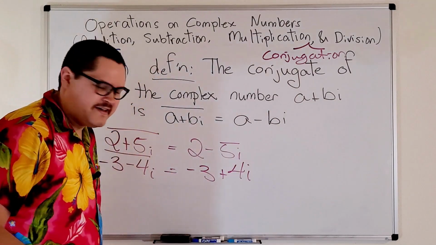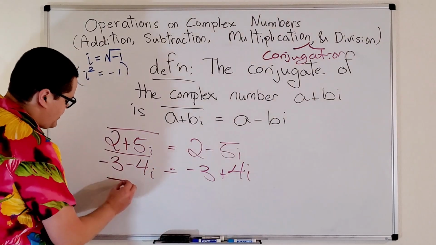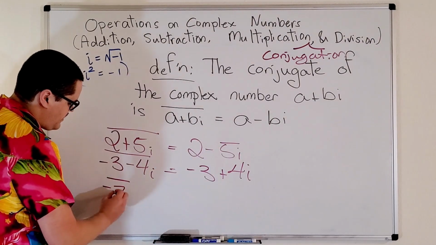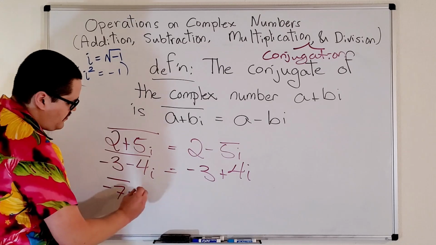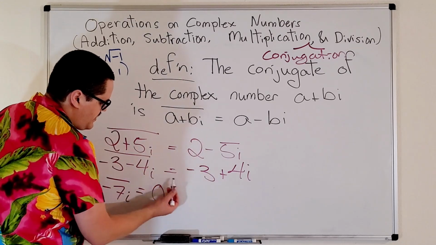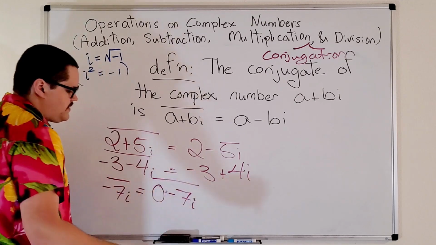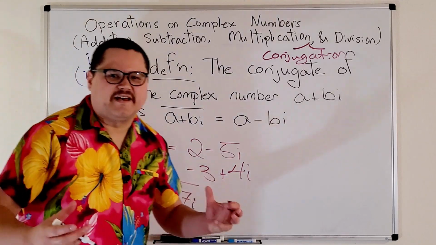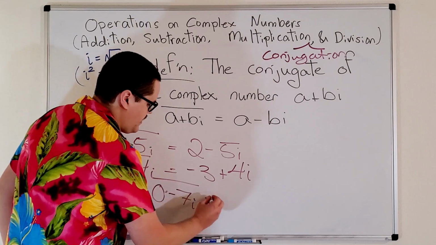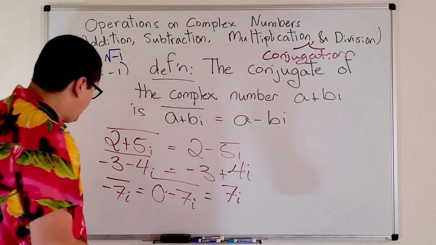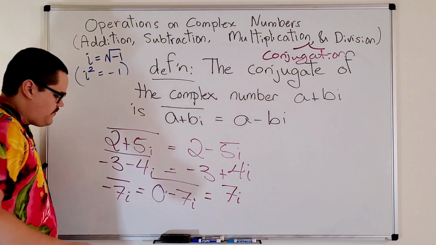Makes sense? What about the conjugate of negative 7i? Well, we can rewrite negative 7i as 0 minus 7i. And then it's clear the conjugate is 0 plus 7i, or just 7i. What about the conjugate of the real number 3?